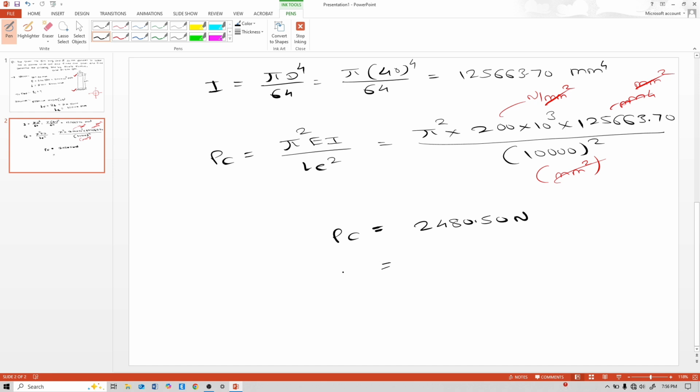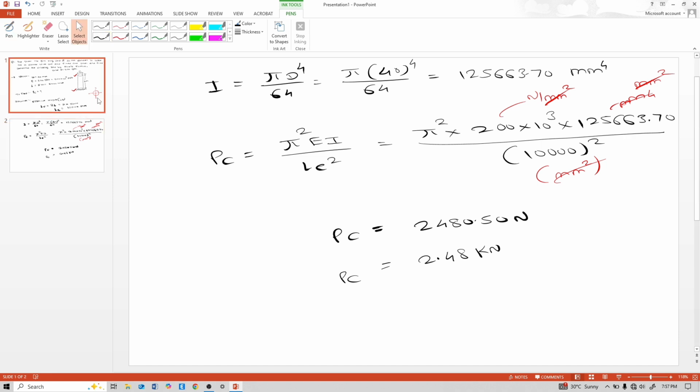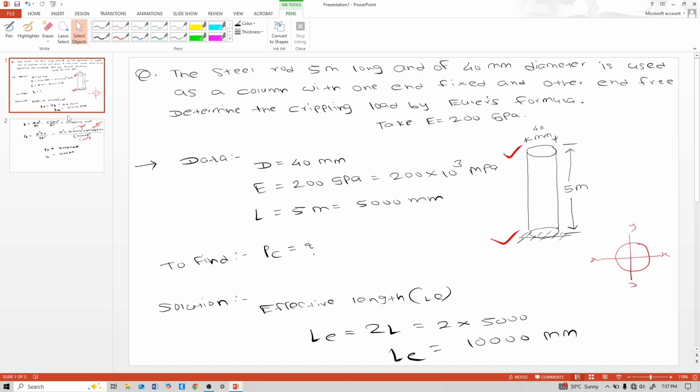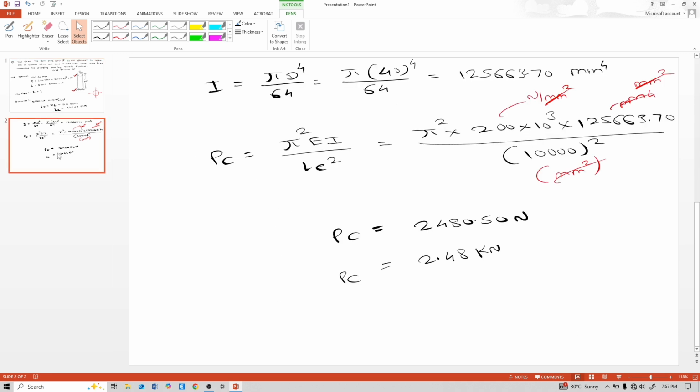In kilonewton, it is 2.48 kilonewton. So just see, for solving this numerical, we need to remember these formulas: the moment of inertia, the crippling load, and the effective length. With the help of these formulas, we are able to solve this numerical. So thank you very much.